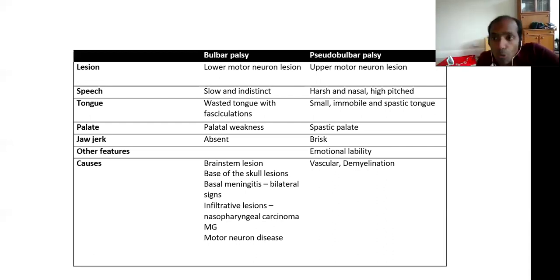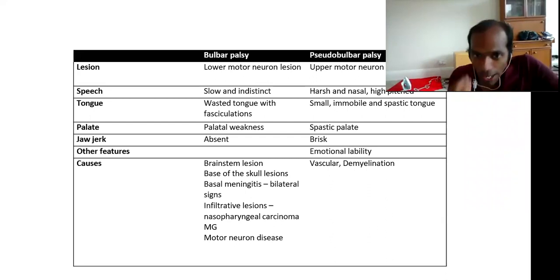Similarly, if it's a lower motor neuron type lesion, they get something called bulbar palsy. Lower motor neuron type, bulbar palsy. Classical features you will see in these are tongue wasting, fasciculations, and also palatal weakness.